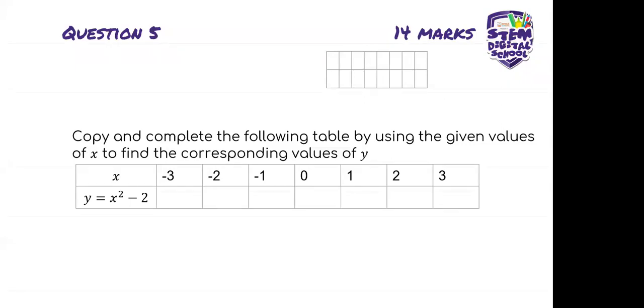Can we just demonstrate the importance of making sure that we use -3. So if x is -3, then y will be equal to -3 squared.